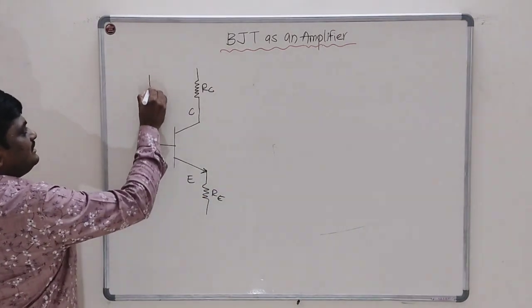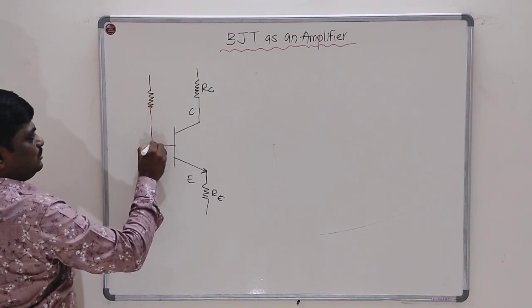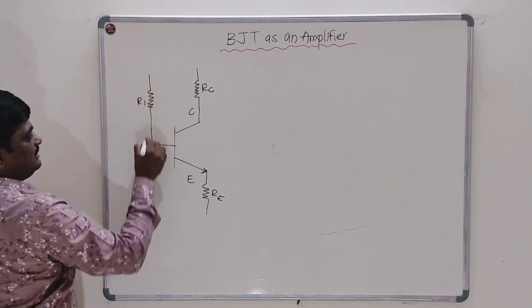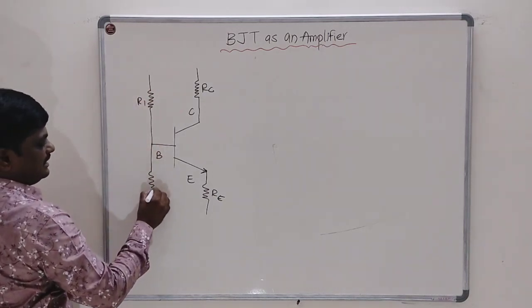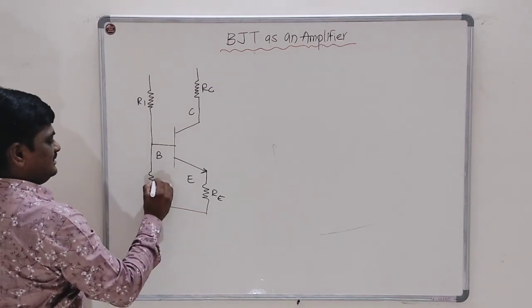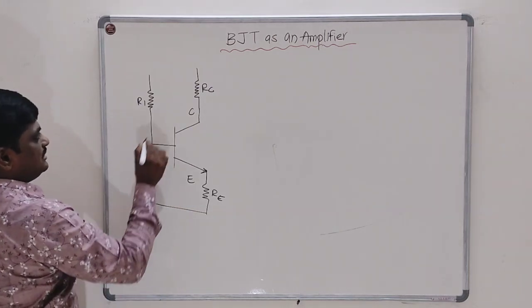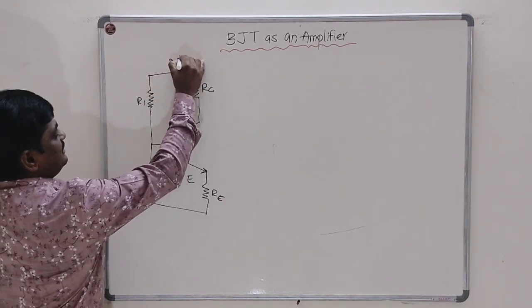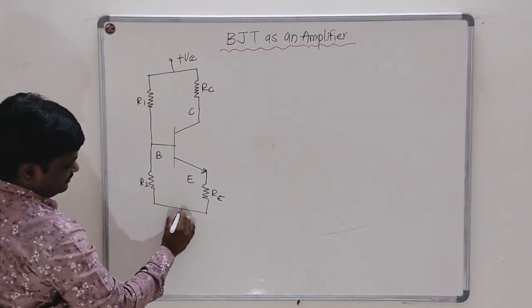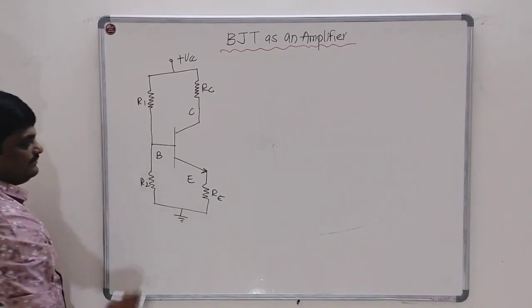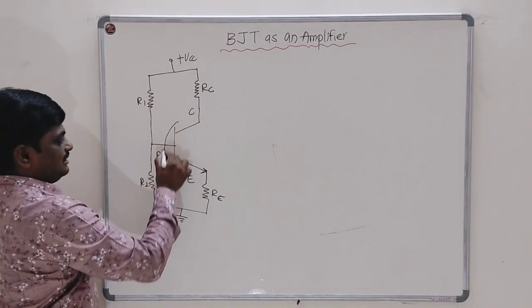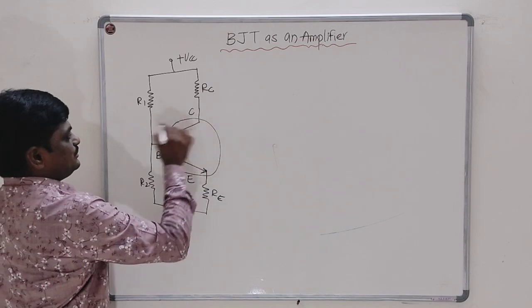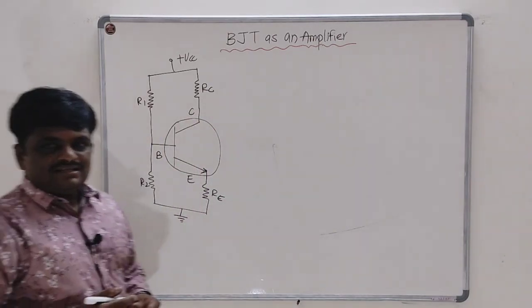Then there are two resistors, R1 and R2, which act as a voltage divider. I connect a supply VCC with respect to the reference point, that is the ground point. So this is the simple voltage divider bias circuit. It is also known as self bias circuit.